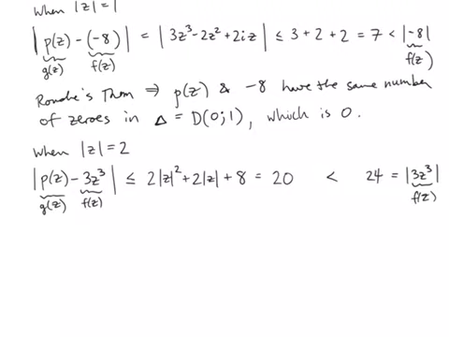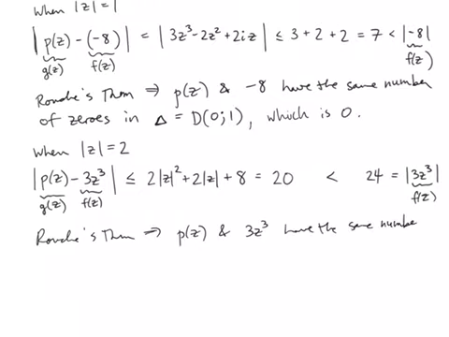And then down here, Rouche's theorem implies that p of z and 3z cubed have the same number of zeros in the disk around 0 of radius 2, delta sub 2, which is 3.